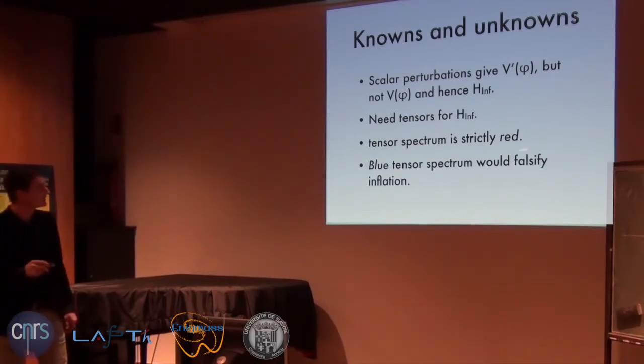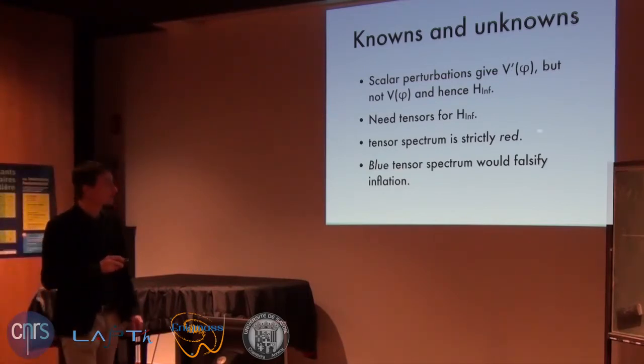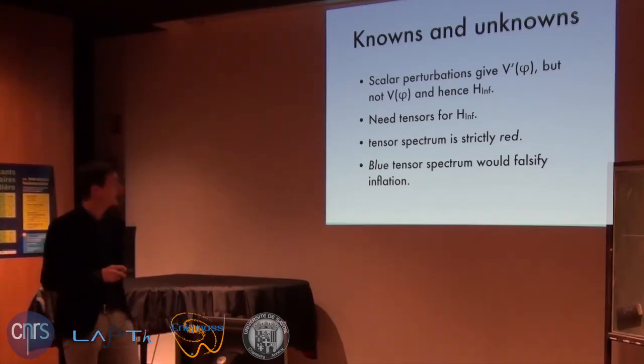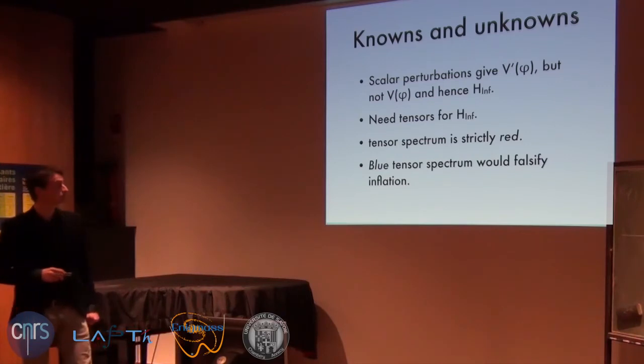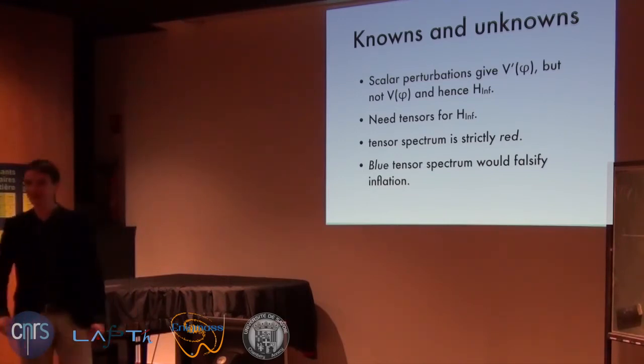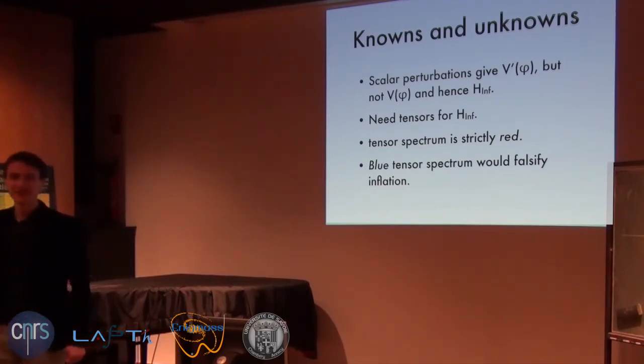What is known is that the tensor spectrum, if it comes from a standard, simple inflationary theory, is strictly red. A blue tensor spectrum would absolutely falsify inflation. Okay? Of course, if you tell this to a theorist, he goes to his office and starts constructing a model that does give you a blue tensor tilt inflation.